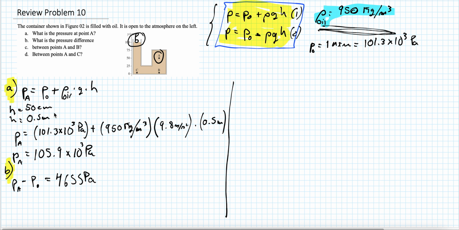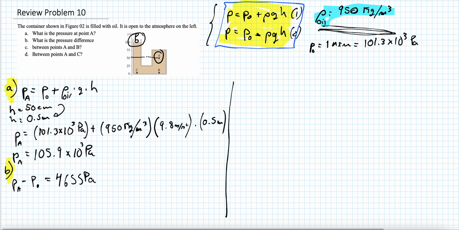We know this difference because it is 50 centimeters, so the depth from the atmosphere point is 50 centimeters. We need to change it to 0.5 meters.